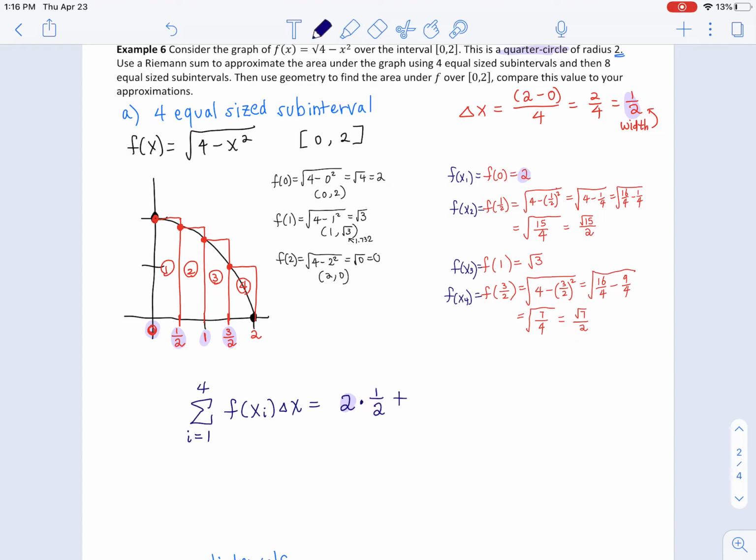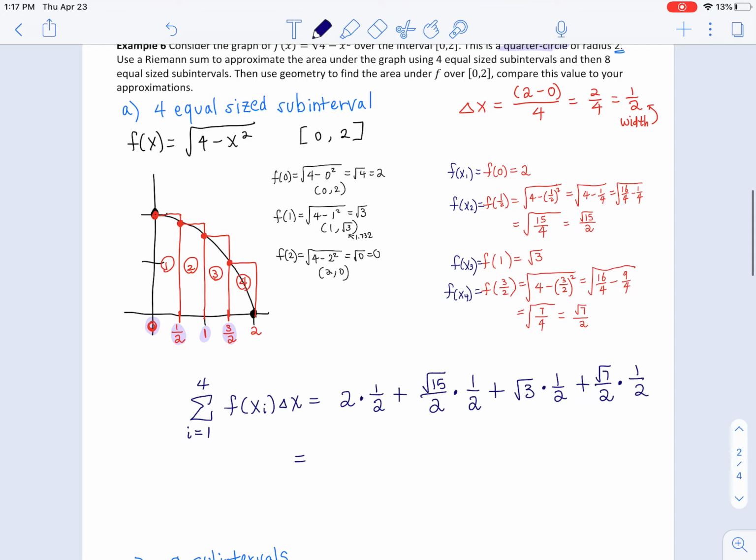So let's go ahead and plug into our formula. First, I'm going to do 2 times 1/2 plus. Where did I get that from? 2 times 1/2, right? So that's 2 times 1/2 right here. And then what's next? I'm going to do plus square root of 15 over 2 times 1/2 plus, next one, square root of 3 times 1/2.